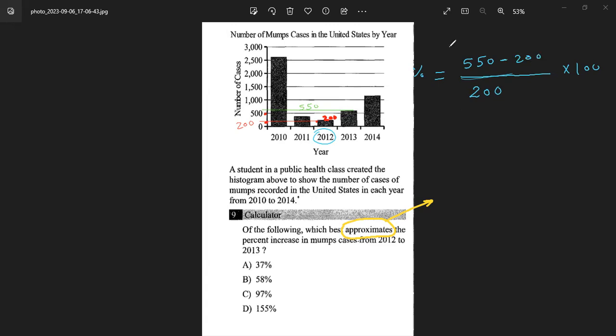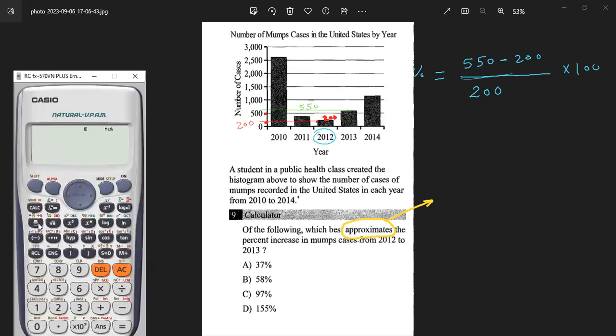We are almost there. Just use the calculator in one step, and it depends on your accuracy in choosing the value here. 550 minus 200 over 200, times 100.